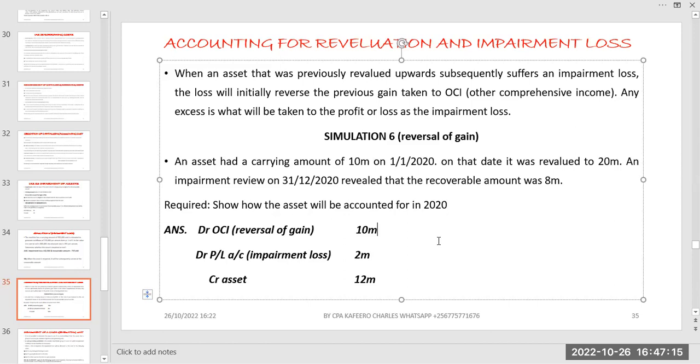So we shall debit the OCI by 10 million, then the balance is what we shall be taking to the profit and loss as an impairment loss of 2 million.